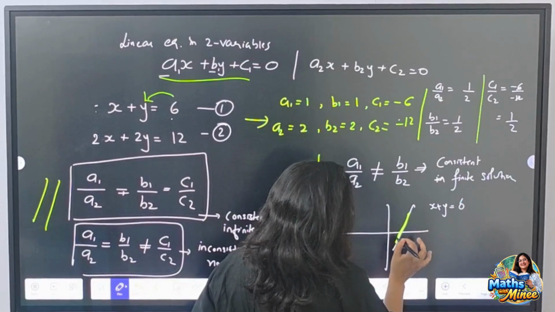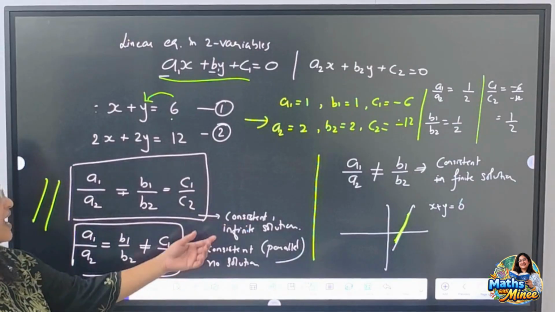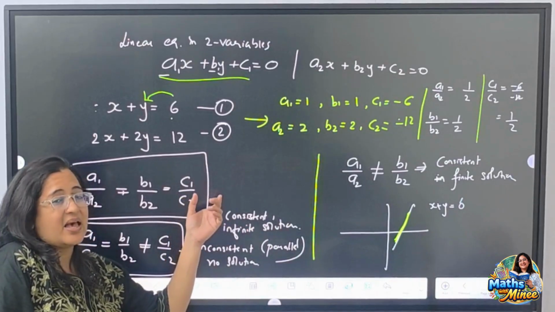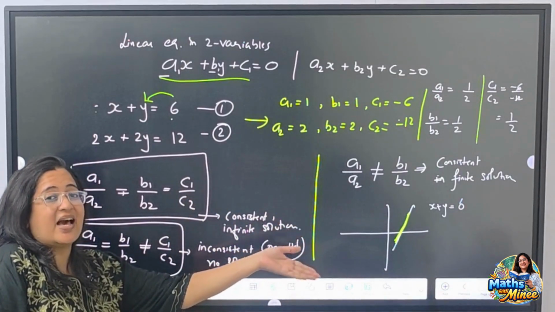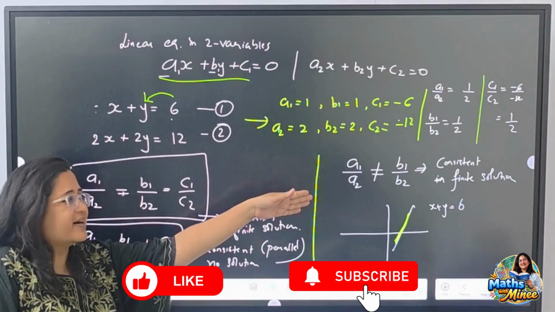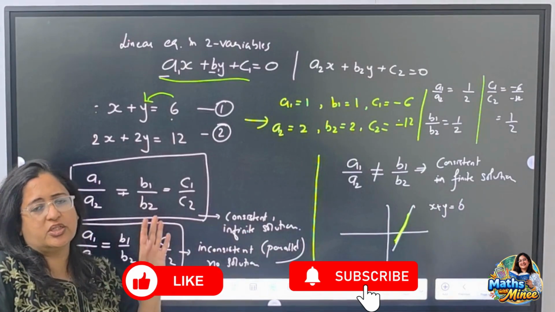On the same line, right? If it is having an infinite solution, क्यों infinite solution इस केस में? Because they are not intersecting, they are the similar lines. एक ही लाइन के ऊपर वो coincide कर रहा है. It means that if it is a similar line, there will be infinite solutions.